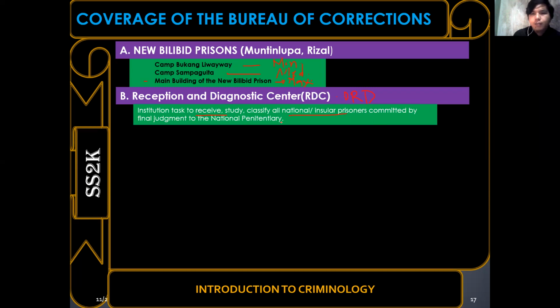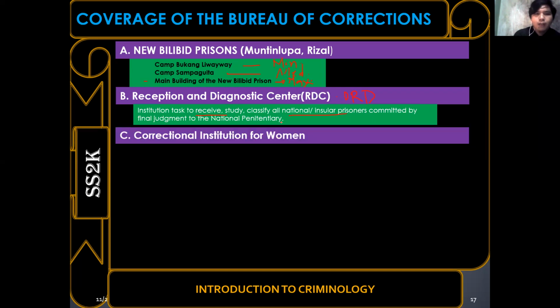Sila ang nagre-receive ng mga bagong ibinibiyahing preso. Yan po yung RDC o ngayon ay DRD. Totally, ilang araw ba sila sa Receptions and Diagnostics, mga kapatid? Not more than 60 days po dapat para ma-evaluate kung saan dadalhin ang isang preso.